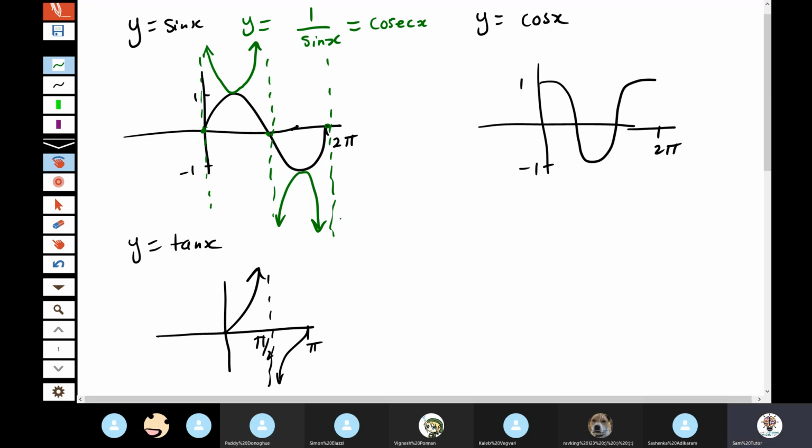Let's do the same thing again for cos x. What's the reciprocal of cos x? 1 over cos. Let's draw that in green. Y equals 1 over cos, which is the same as sec. Let's draw sec x now. Same things, where do we start from? Intercepts become asymptotes.